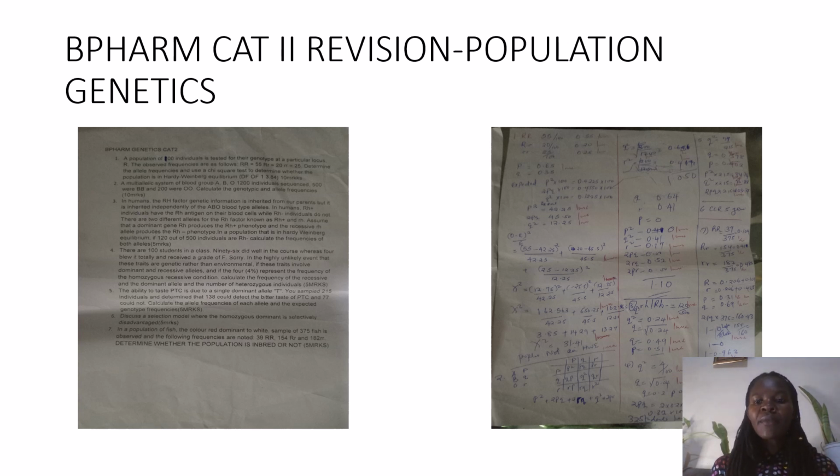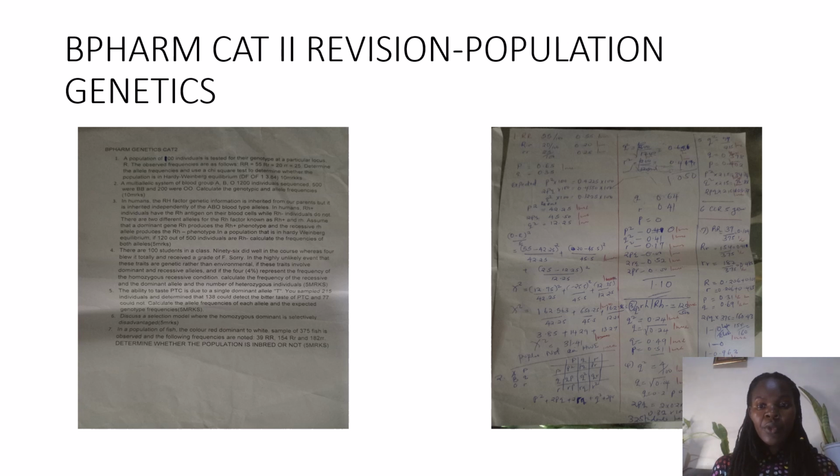Using a degree of freedom of 1, remember we have 2 alleles, biallelic. So degree of freedom of 1 at a value of 3.84. You have to prove that the population is in Hardy-Weinberg equilibrium. And I mentioned that in Hardy-Weinberg equilibrium, the genotypic frequencies should add to 1. The allele frequencies should also add to 1.